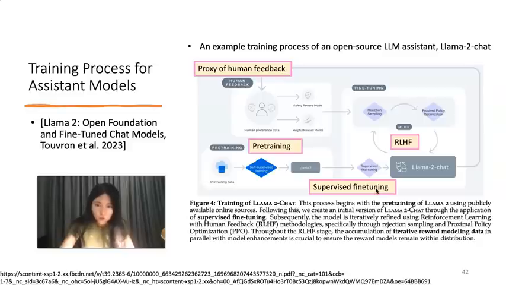And then we still want it to further mimic human preference. But we can't afford to have a human sitting in the loop to tell us this response is good, this response is bad. So instead we need a proxy of human feedback, which is our reward model, to tell us the reward score for our response. The reward score will be the guidance for our PPO reinforcement learning to get a better policy.